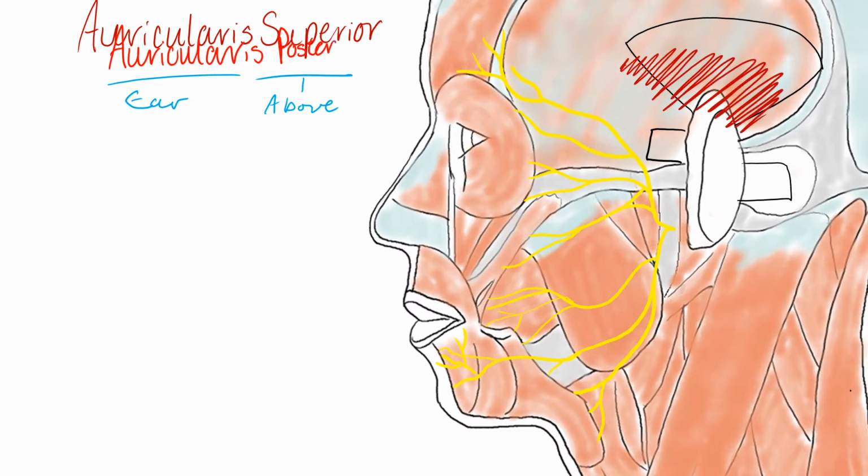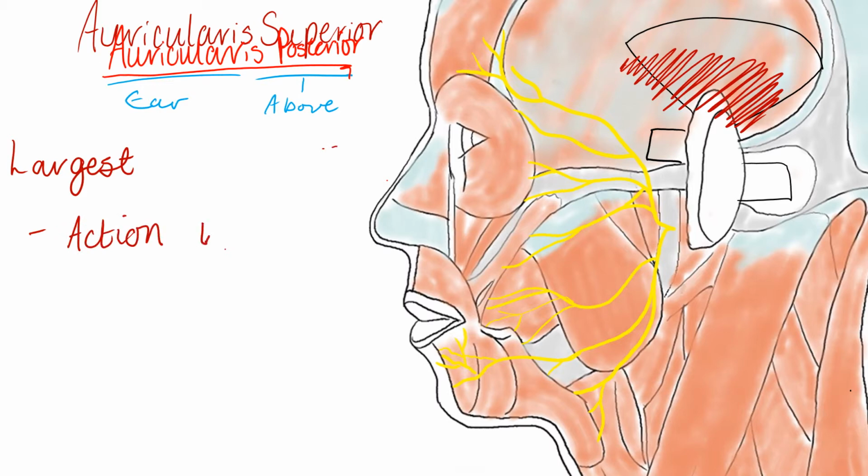It's actually the largest of the 3 auricular muscles, and is the one that causes the action of wriggling your ears. Though mostly, in most people, it doesn't have an action at all.